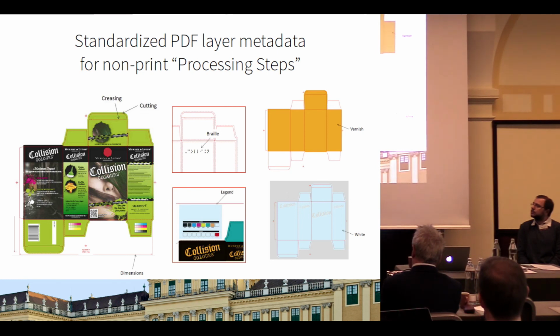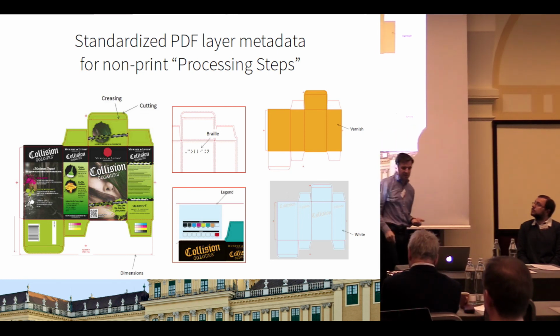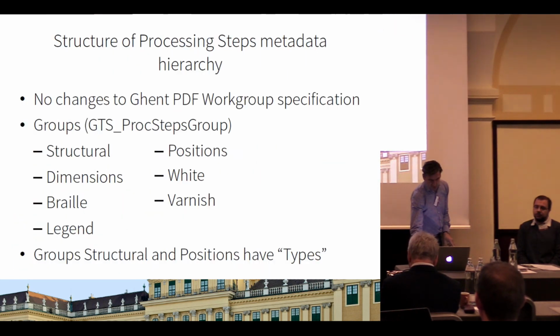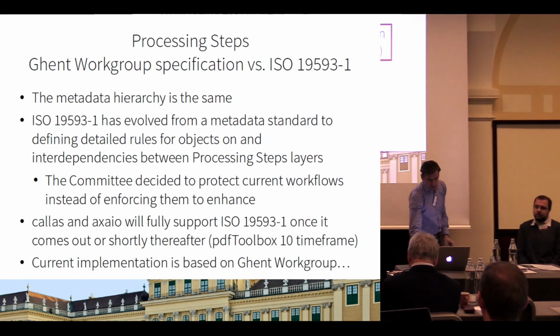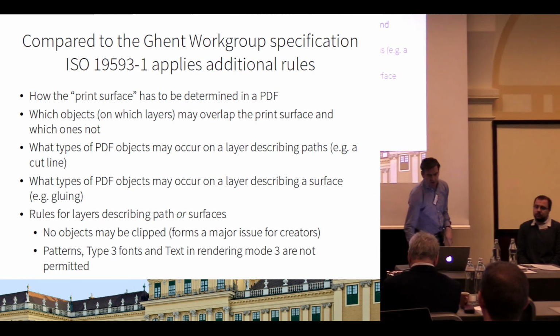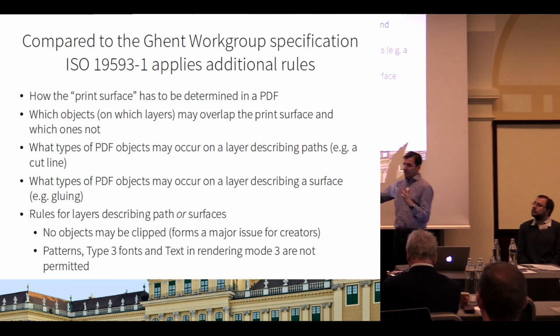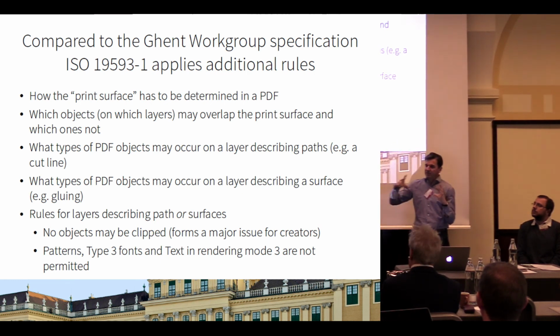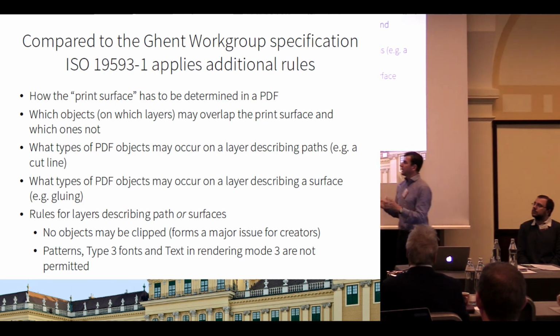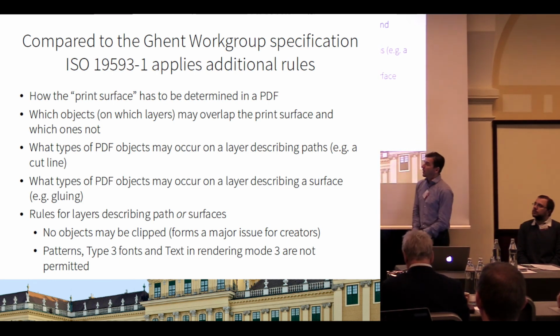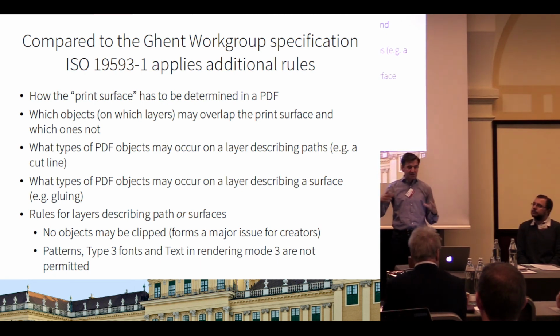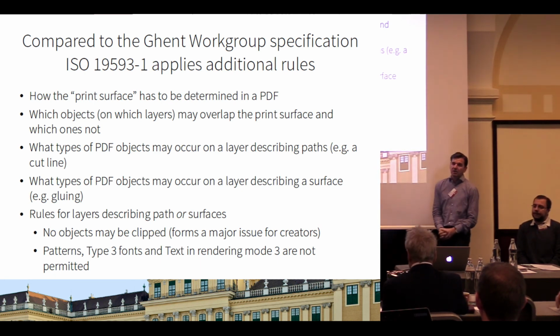It would be pretty much what is green here, but in the ISO standard, there is a definition of everything that is inside of structural cutting plus structural bleed. So the areas defined by objects on these two layers define the actual print surface of the printed product.